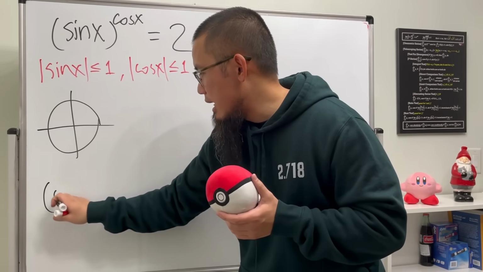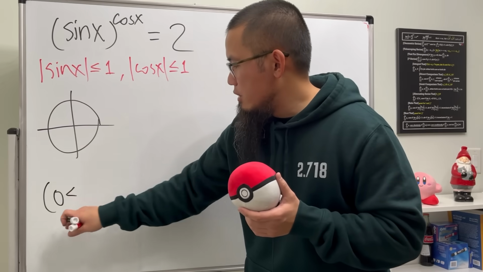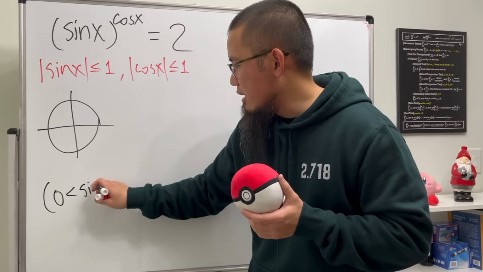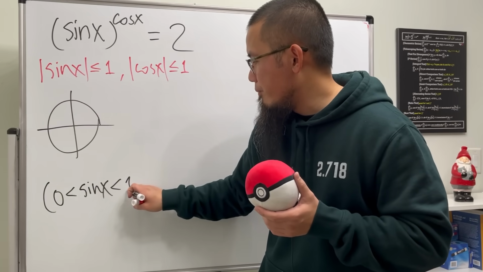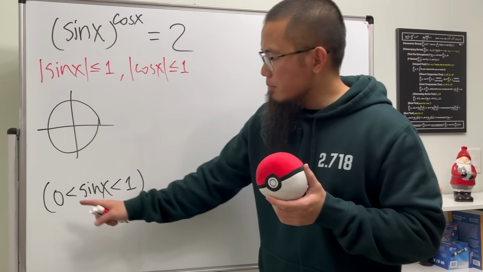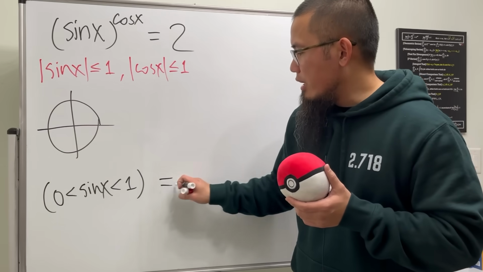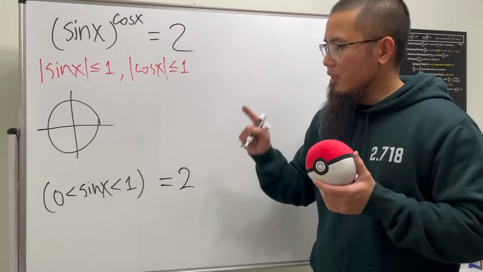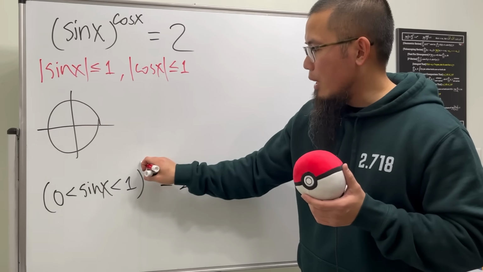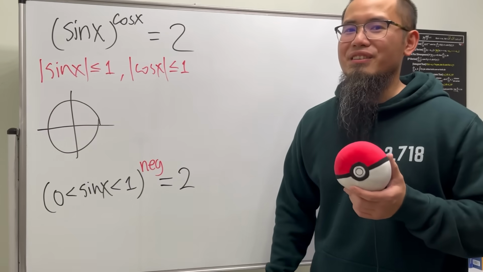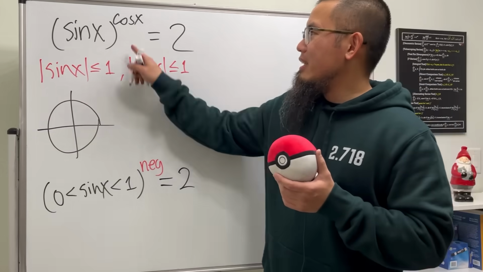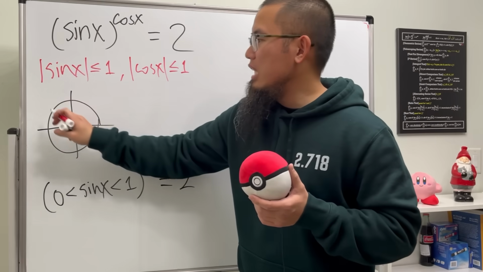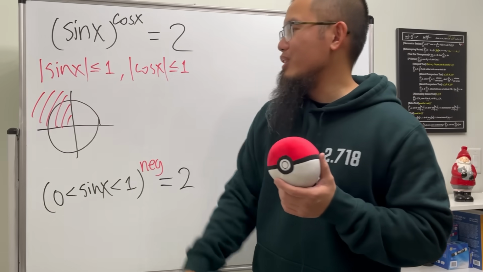So let me just put this down. We want to have 0 less than sine x and then less than 1. How is this possible that we take this raised to a power and we end up with 2? Well, it is possible if the power here is negative. And in fact, cosine x will be negative if we are in the second quadrant.